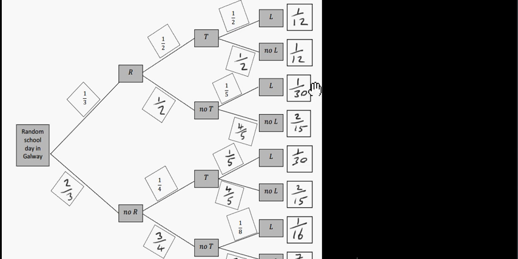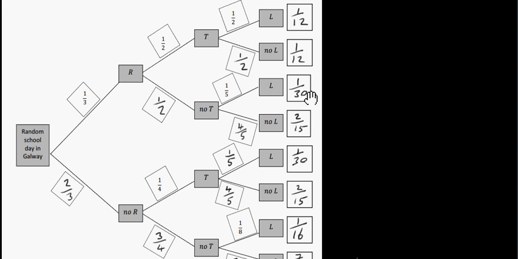Remember, intersection means and, multiplying, or sorry, no, we've got to do intersection here. So we can go up along this branch here, or we can go down along this branch here. So it's the intersection of these 2 here.